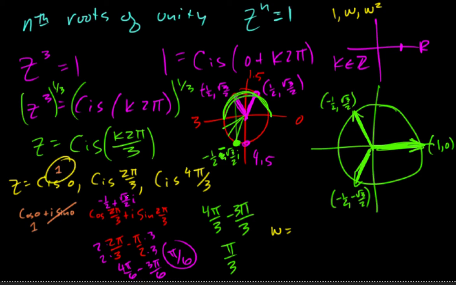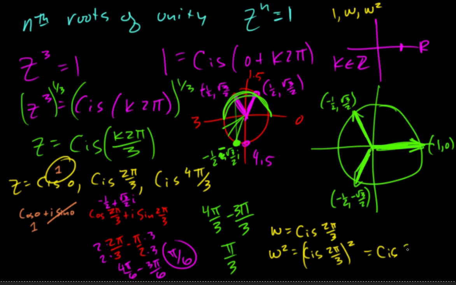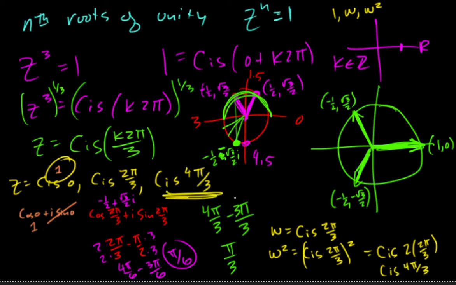We've already seen the 1, so this one must be W. And then if we square that, we get cis 2 pi thirds squared, which, remember, we can bring in with de Moivre's theorem. 2 times 2 pi thirds, and so cis 4 pi thirds, and so that really was W squared.